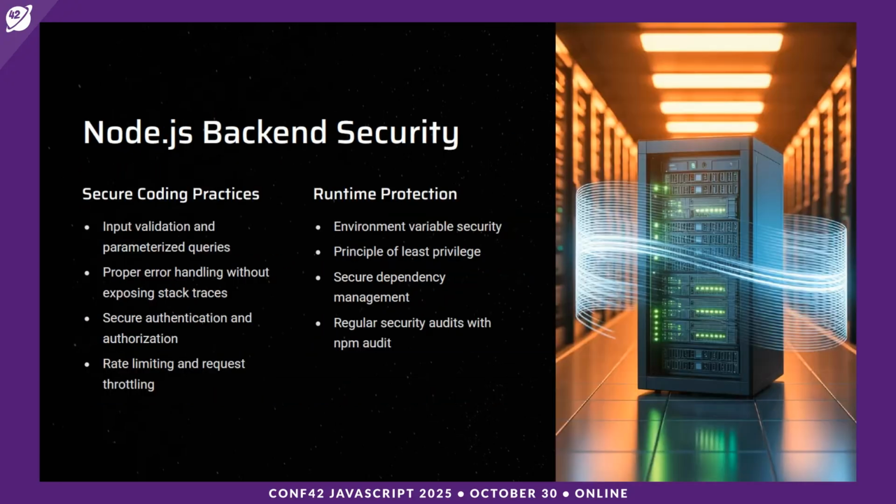Okay. So Node.js backend security, secure coding practice. There are lots of things here. Input validation: whatever value is received from your request parameters, you need to validate, and especially use parameterized queries. In a query parameter, they can give some value like admin true, or a wrong account number, to deposit or withdraw money.